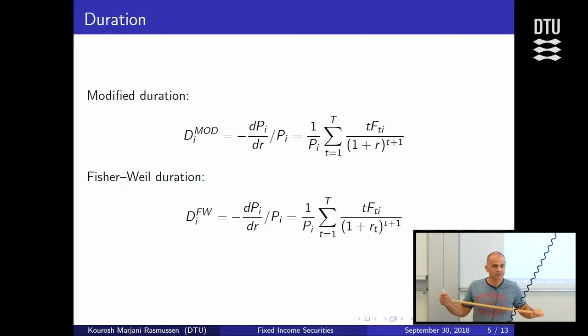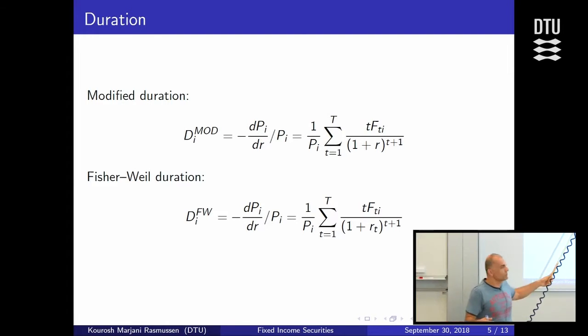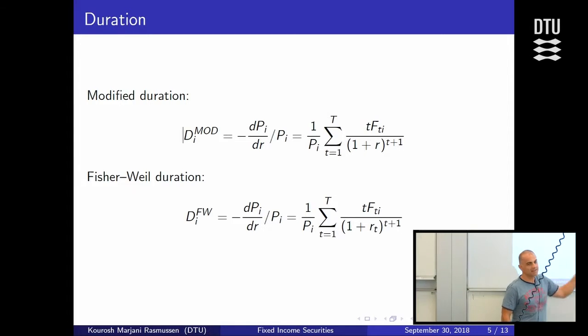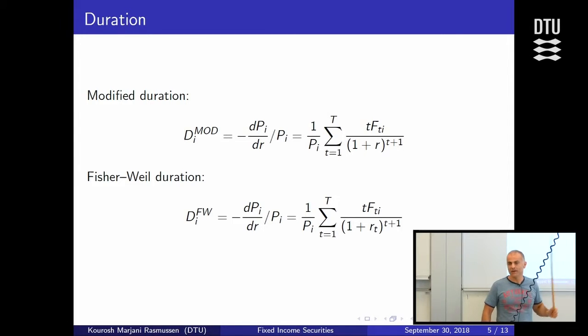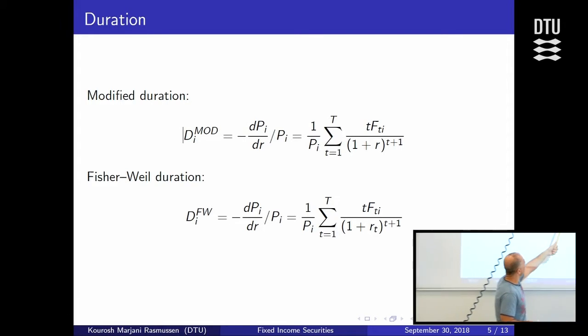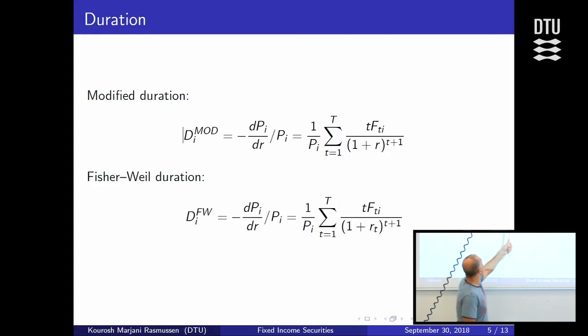So the duration will always actually be a negative number, showing you that there's an inverse relation between interest rate and prices. But then we just multiply it by -1 because, for historical reasons, we want to think of duration as a positive number, right? That's the only reason we multiply by -1. And this is the formula for modified duration.